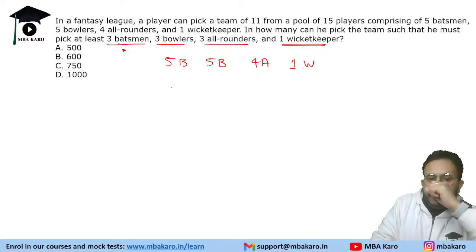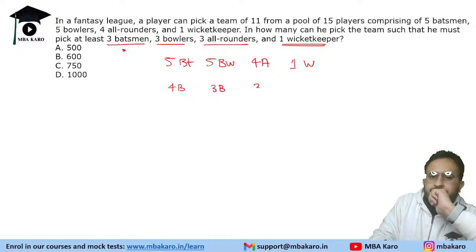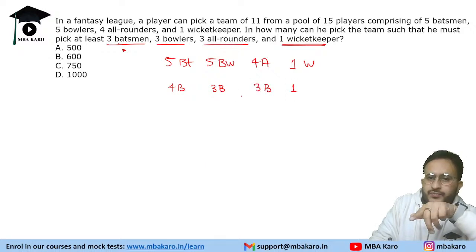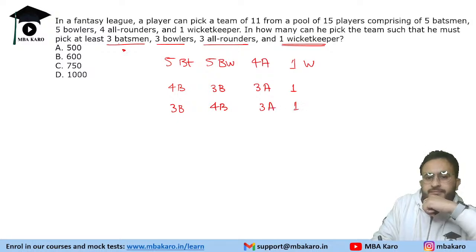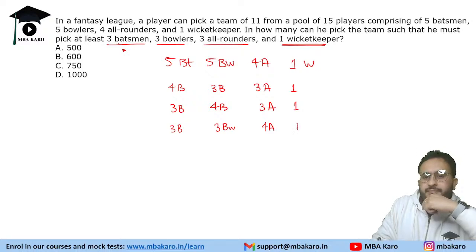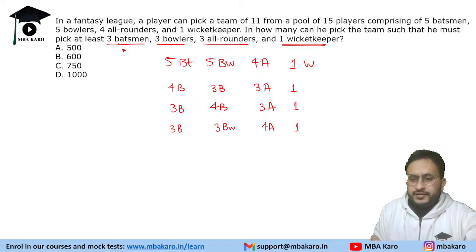So one possibility is that you pick 4 batsmen, 3 bowlers, 3 all-rounders and 1 wicket-keeper. Another would be 3 batsmen, 4 bowlers, 3 all-rounders, and 1 wicket-keeper. Another would be 3 batsmen, 3 bowlers, 4 all-rounders, and 1 wicket-keeper. So these are the 3 scenarios that we will have.